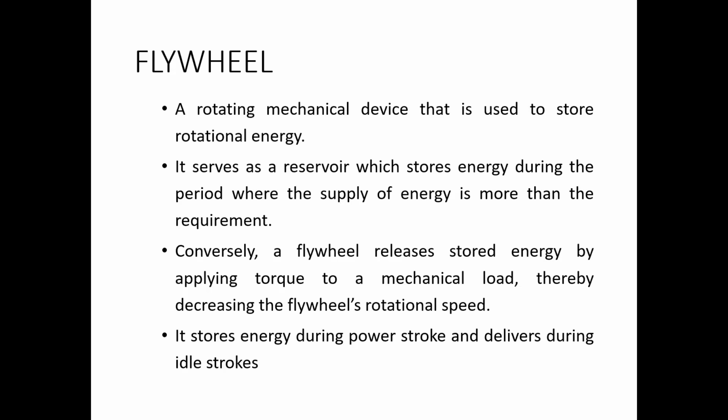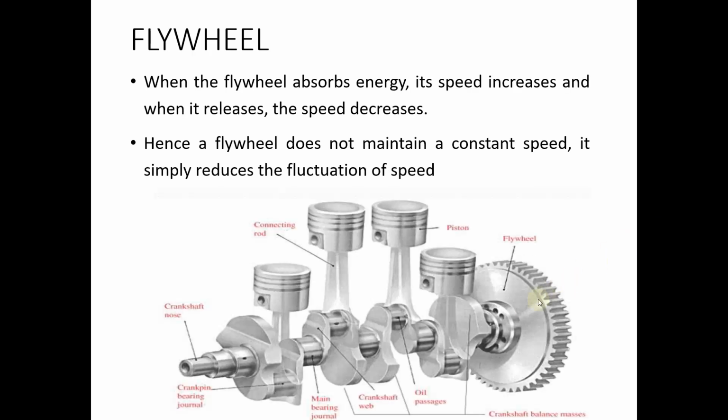In the figure, if you see, at the end of the crankshaft, usually the crankshaft will have a hub like this to attach the flywheel. One end of the crankshaft will be the crankshaft nose, and the other end will have a hub that is machined on the crankshaft, and that hub serves the purpose of attaching to the flywheel by means of bolts and nuts. So we'll be attaching the flywheel to the crankshaft by bolts and nuts.